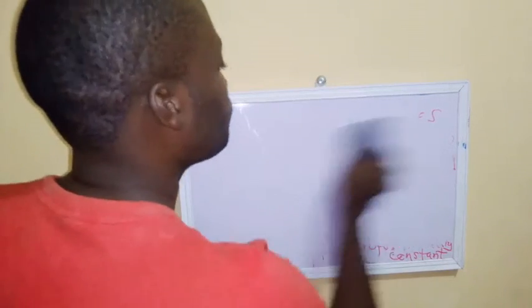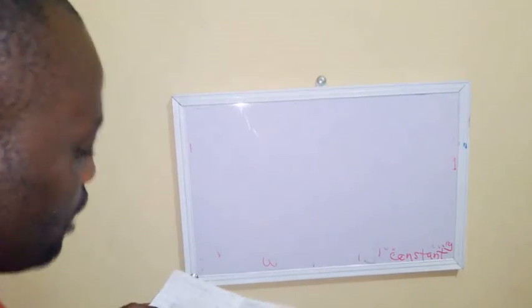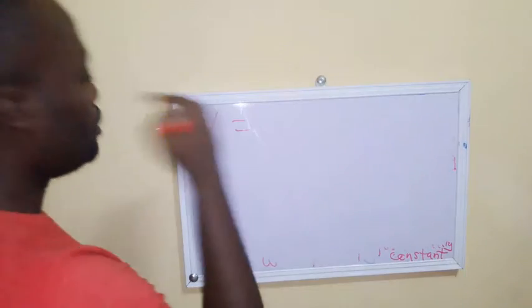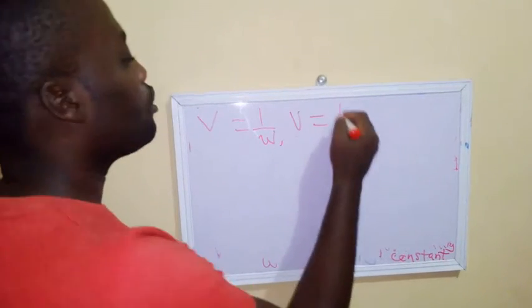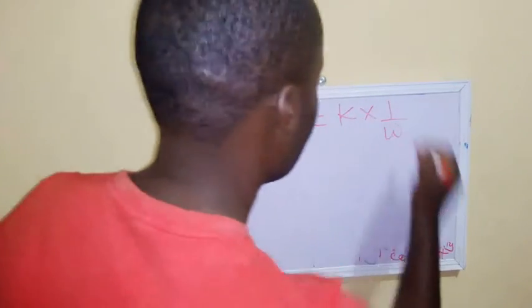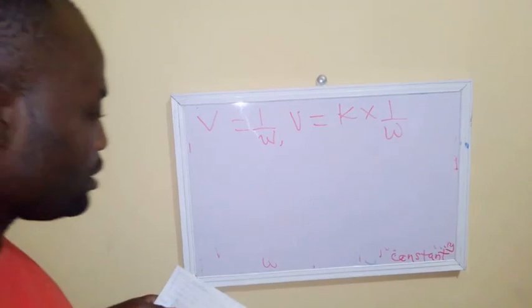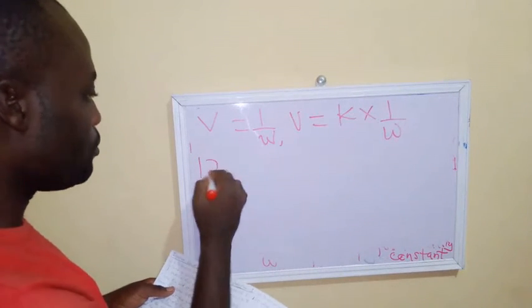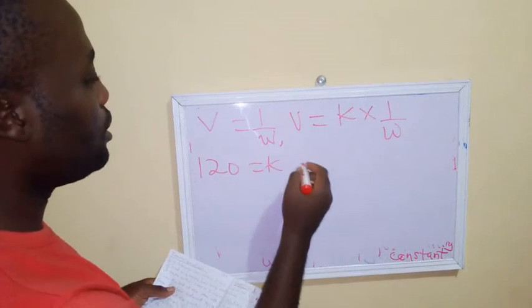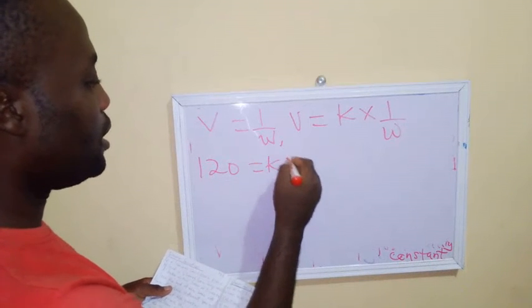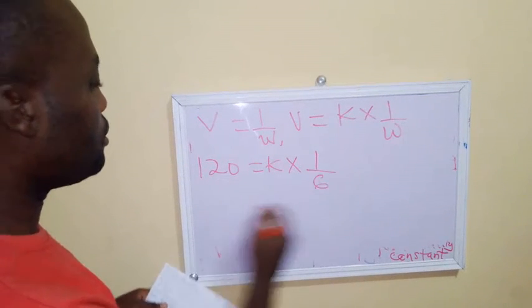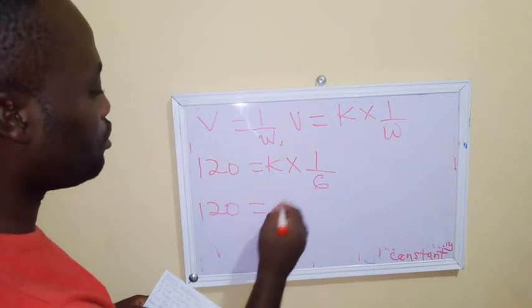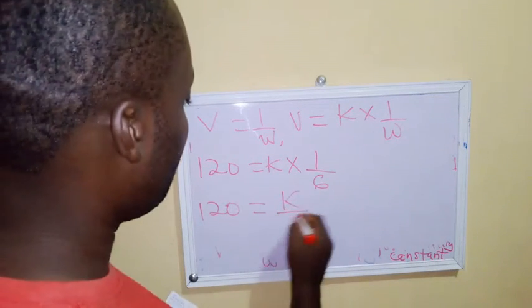So if we continue, V will be equal to K multiplied by 1 over W. And since V is given to be 120, 120 will be K multiplied by 1 over 6. So 120 will be equal to K over 6.